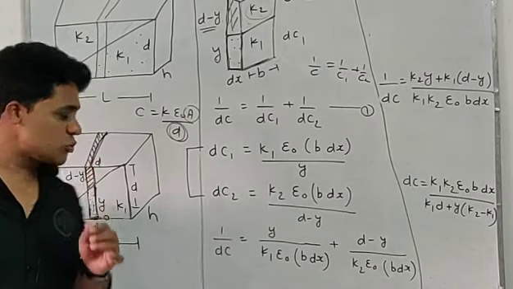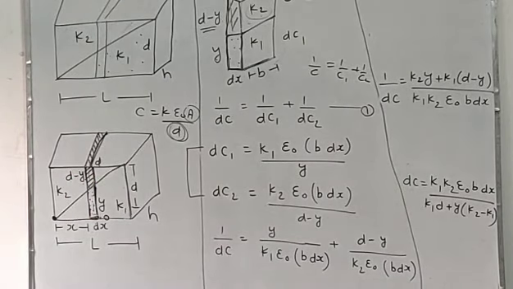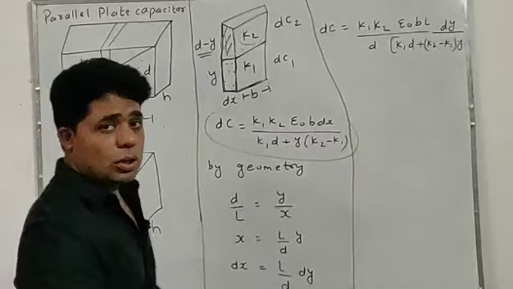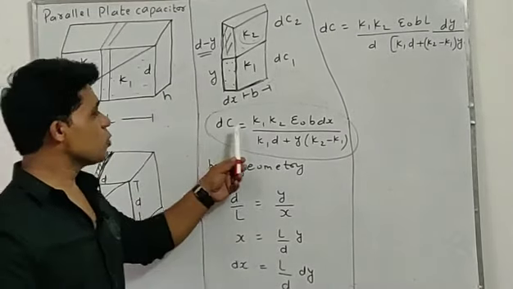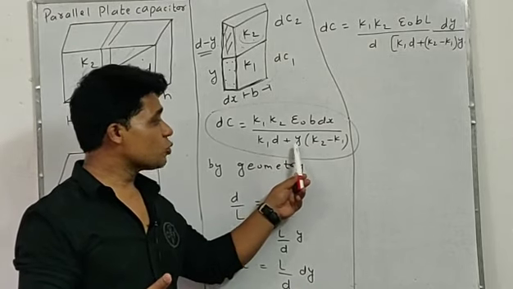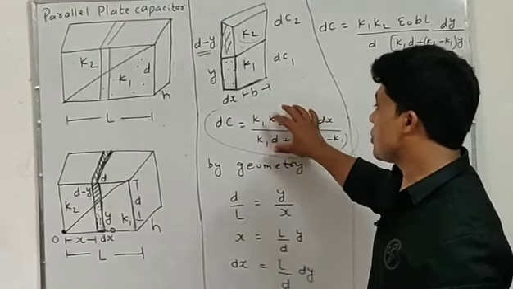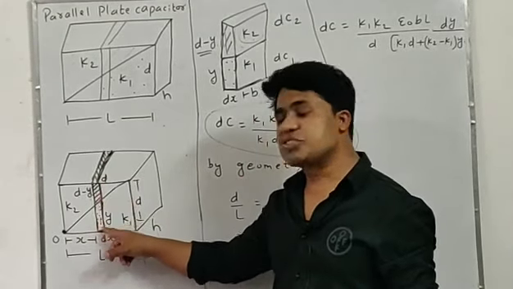We found only the capacitance of this small segment. So now students, dC equals K1 K2 epsilon naught b dx over K1 d plus y times K2 minus K1. This is the capacitance of only this partial segment.